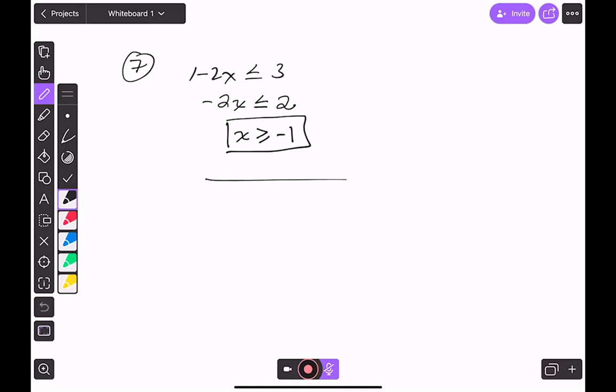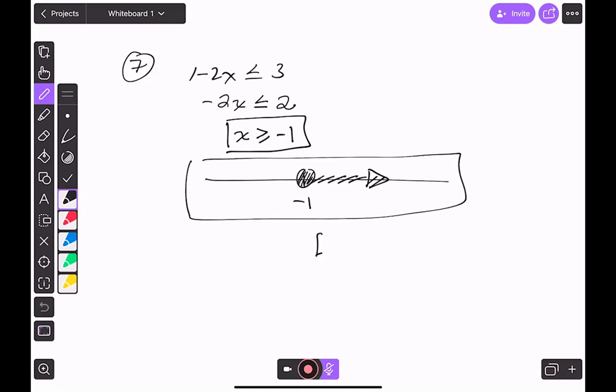Let's put our graph down. -1. It could be equal to that. What else could it be? X could be greater than that. This is a graph. Intervals, -1 to infinity. If you notice my answer key, though, I put down the interval for you, and that's really our gold standard in solving inequalities, the interval.